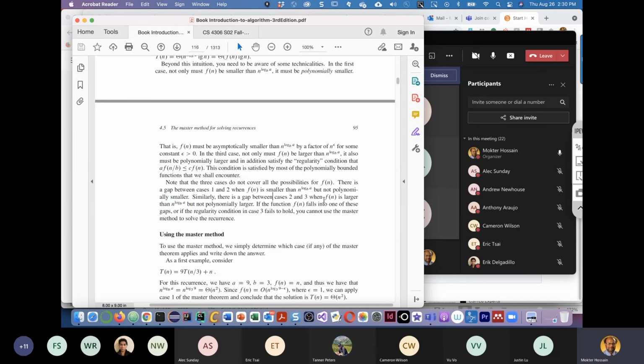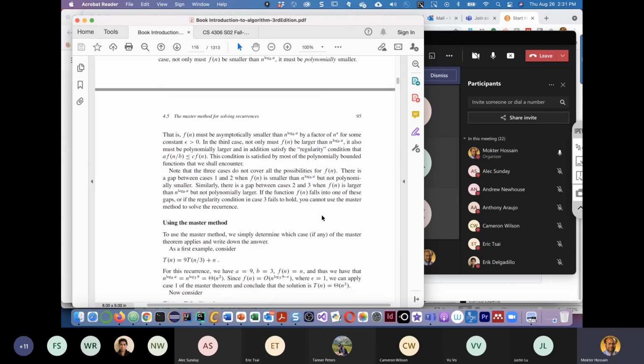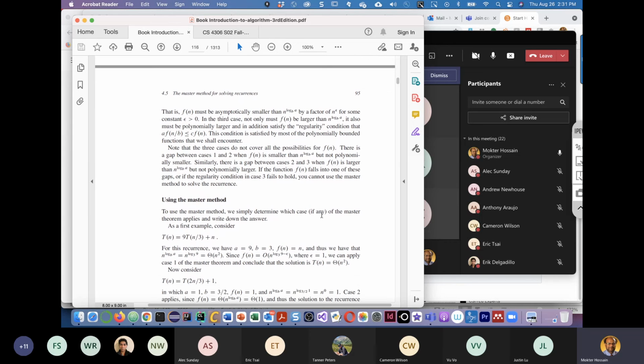Similarly, there is a gap between 2 and 3 where f(n) is larger than this, but not polynomially larger. If f(n) falls into one of these gaps, or if the regularity condition in case 3 fails to hold, then we cannot use the master theorem to solve the recurrence.